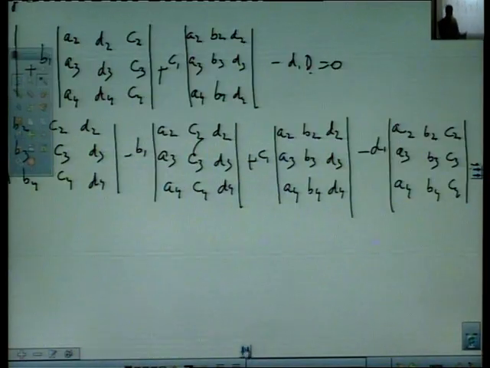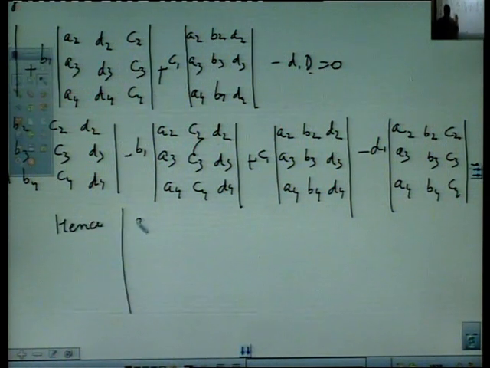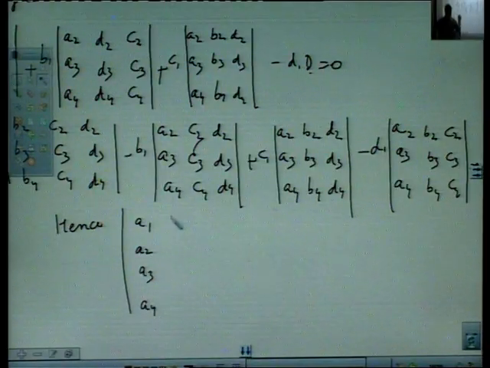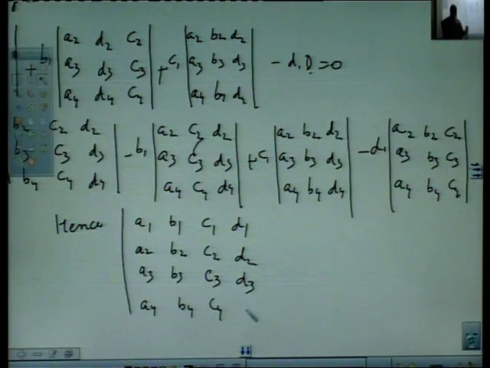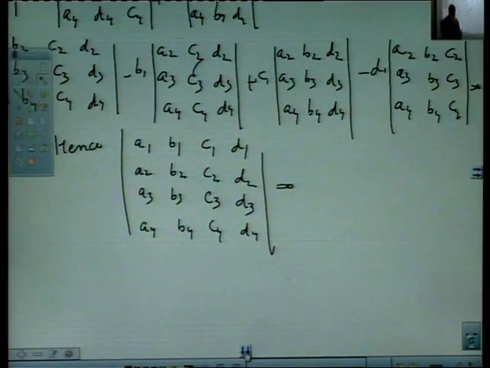Hence the determinant A1 A2 A3 A4, B1 B2 B3 B4, C1 C2 C3 C4, D1 D2 D3 D4 is equal to 0, which is the required condition.